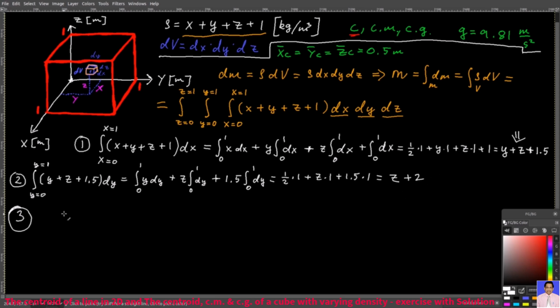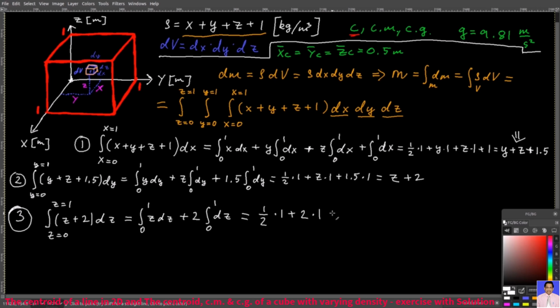And then finally, this will be our third integration along the z direction. We can write it out like this. This will be its evaluation, and in the end you will have 2.5 kilograms. And there you go. You have the mass of the cube. It's 2.5 kilograms. That's the entire mass of the cube.